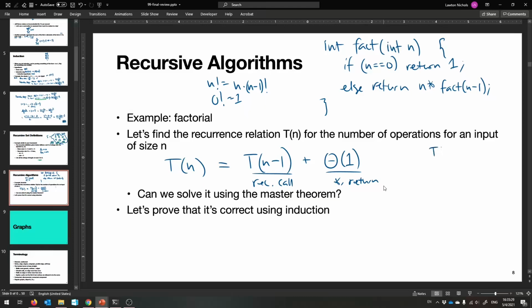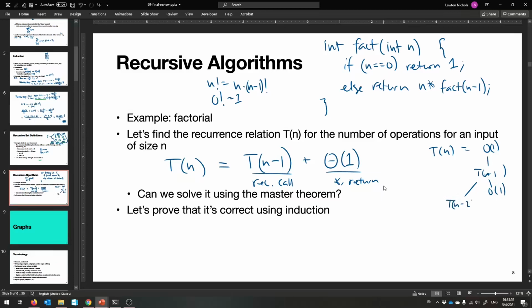T of n is equal to theta of 1, and then I need to do whatever T of n minus 1 is. And what's that but just constant work and T of n minus 2.